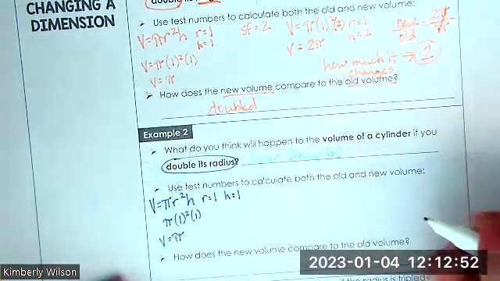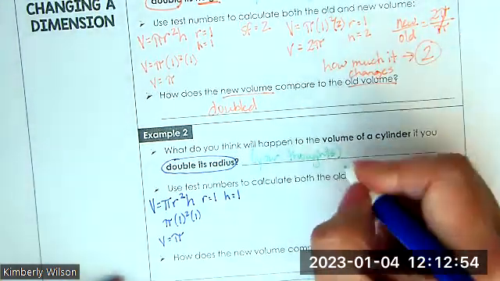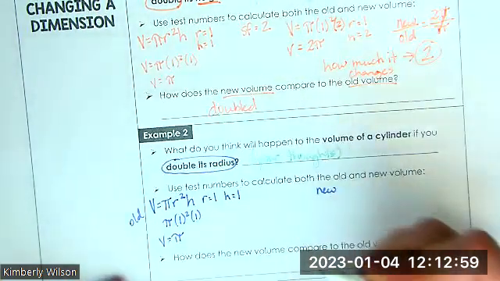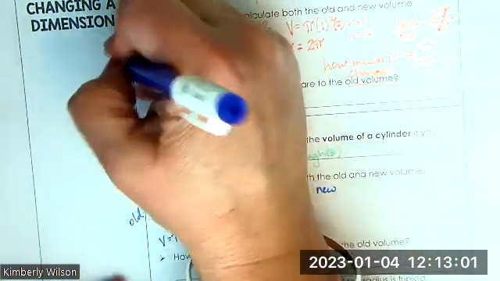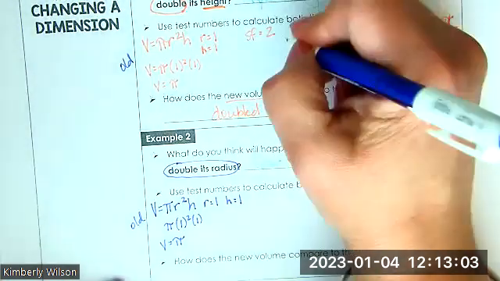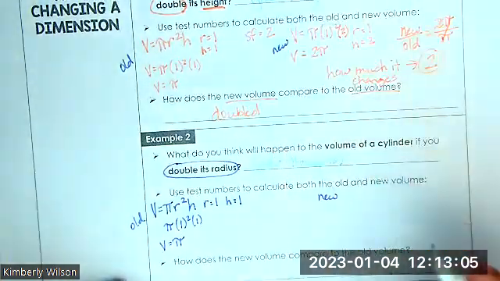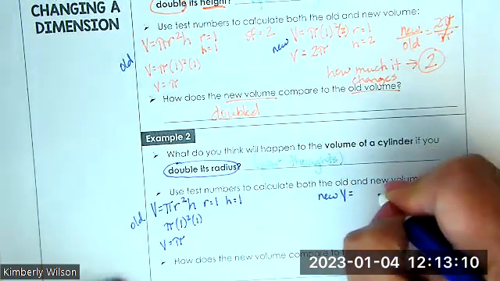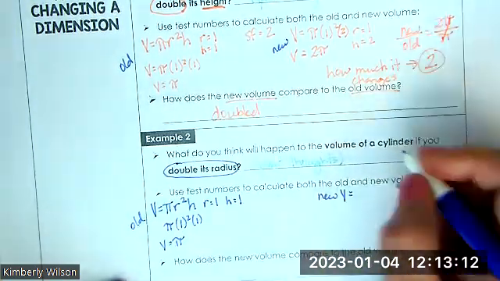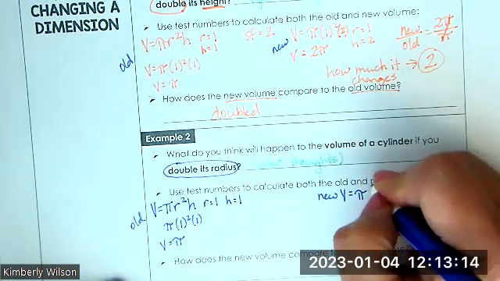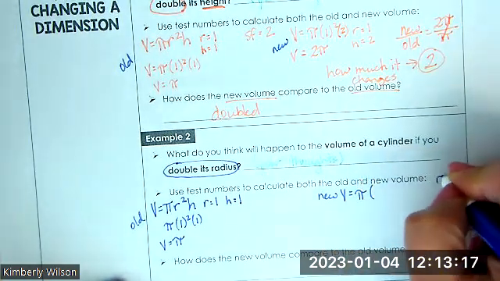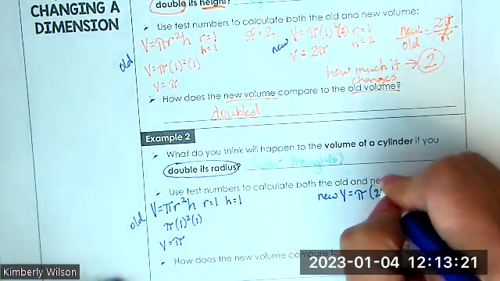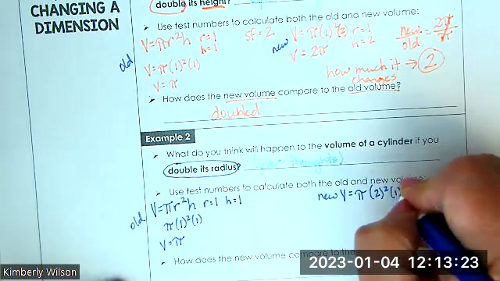But we're going to see the difference here in the new. This is my old one, and this is my new one. For the new volume, we're doubling the radius. So we have pi times, now my radius is equal to 2, my height is equal to 1, so I have 2 squared times 1.